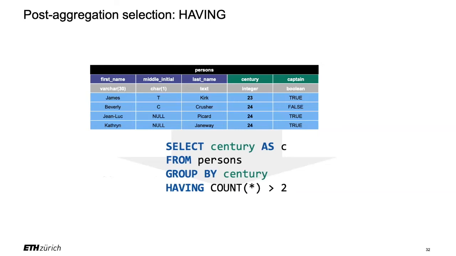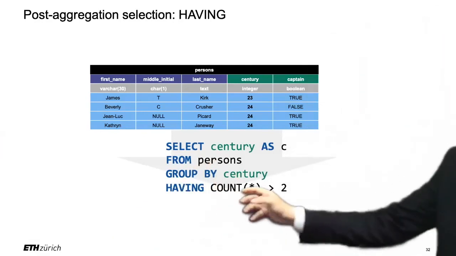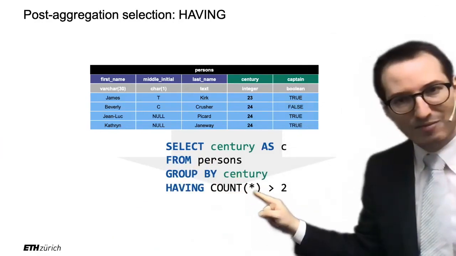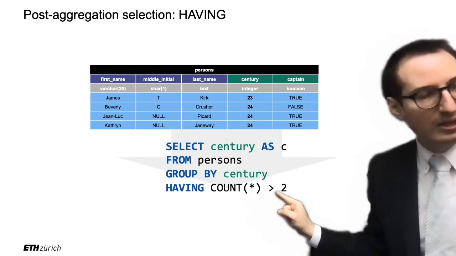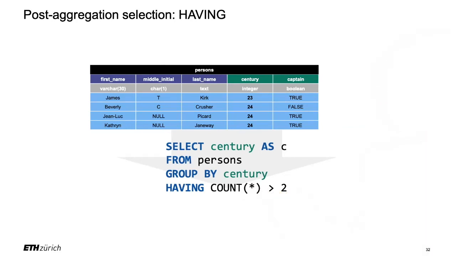The having is also a selection, but it's a selection after you have built the groups. So in the having, for example, you can group on the centuries, and you can only keep the groups that have at least 3, strictly more than 2. So you can limit the output to the groups that are big enough. Who understands that this wouldn't work with the where clause? You cannot do that before grouping.